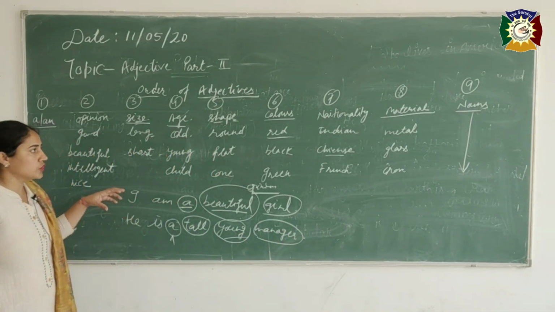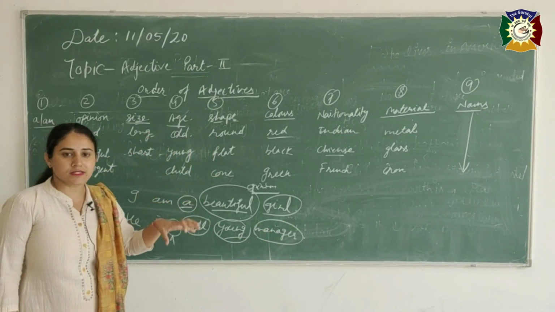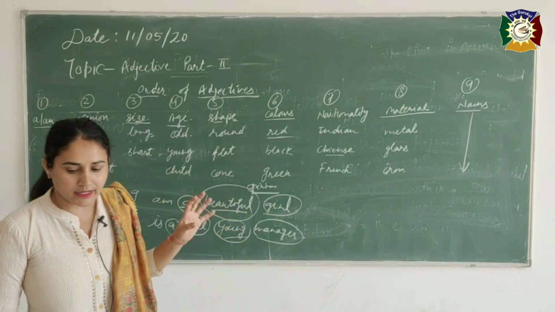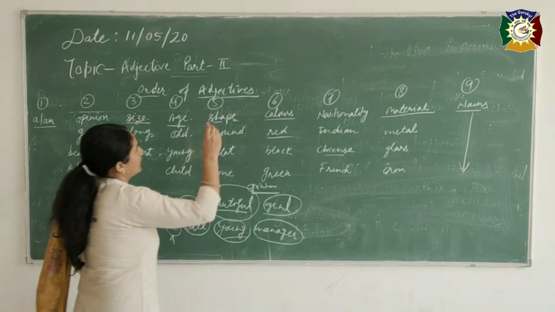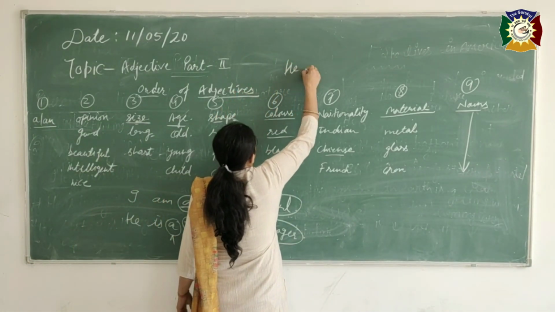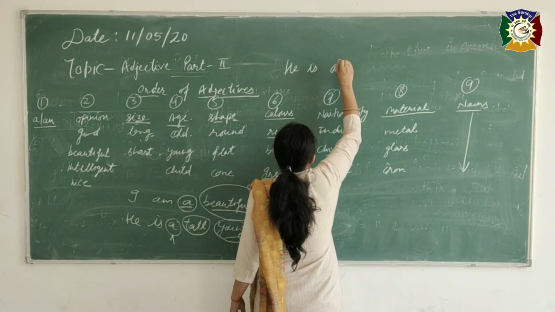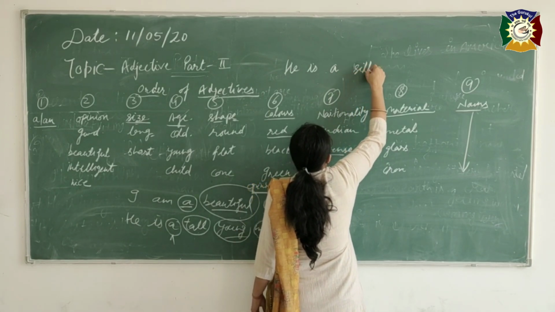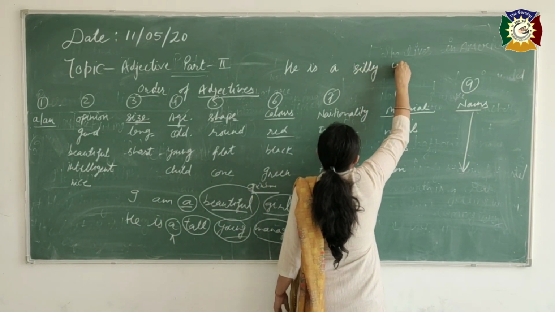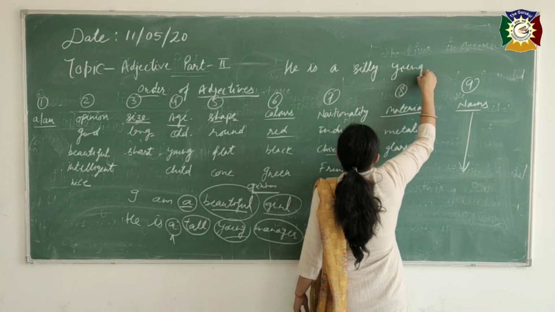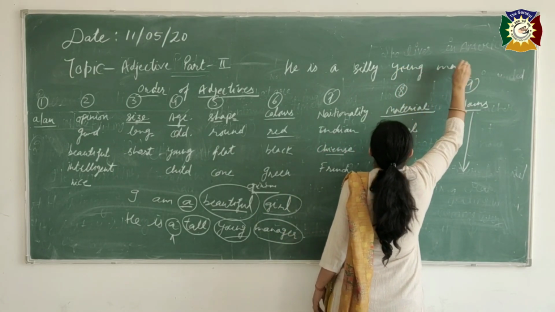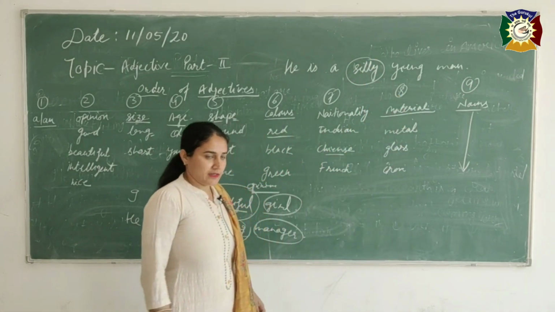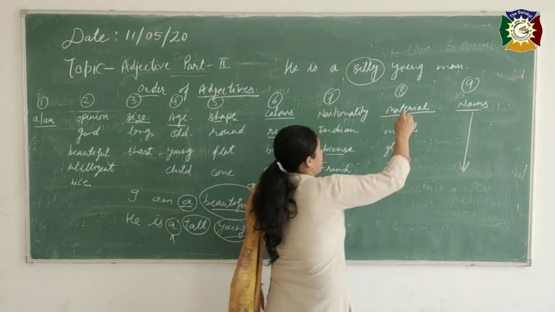So we have to follow these orders when we are writing sentences with adjectives. Suppose I am writing a sentence here: he is a silly young man. Silly is described as opinion, and young is age.